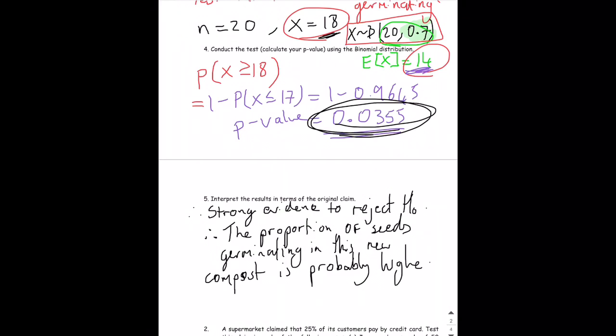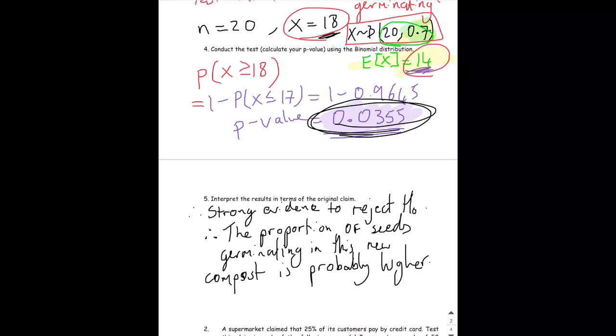So the problem is that the reason that this probability of my sample happening is so low is because I was expecting 14 to germinate. I probably should have been expecting more to germinate in the first place, meaning that the proportion should have been higher. So that's my H1.